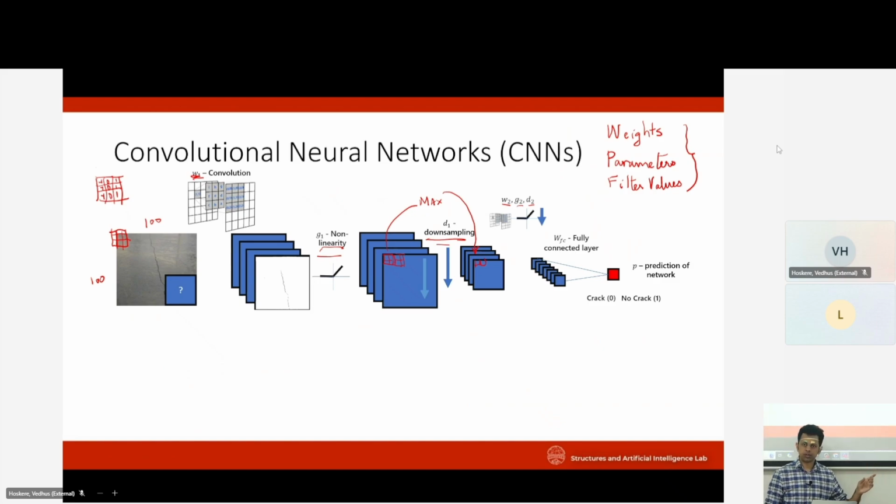Those are still used, but once you bring down the size of your feature, so instead of it being 10,000, if you bring it down to, say, just 1,000 or even smaller, then you have significant parameter savings, and then you can do this full matrix multiplication. These days, even that is not so popular, but there are some cases where it is. And that's called a fully connected layer. And then you get whatever output size you're looking for.